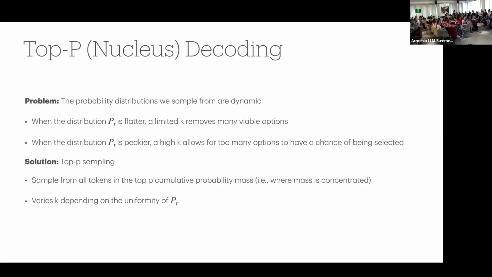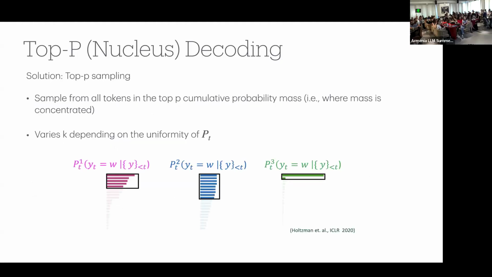So the idea of top P sampling is we're going to pick some cumulative probability mass, and we're going to sample all the tokens from that cumulative probability mass. Essentially, you order all your tokens by their probability, and the cutoff is the one that in sum gets the probability up to 0.95 or something like that.